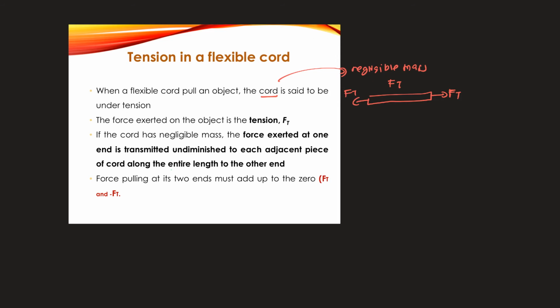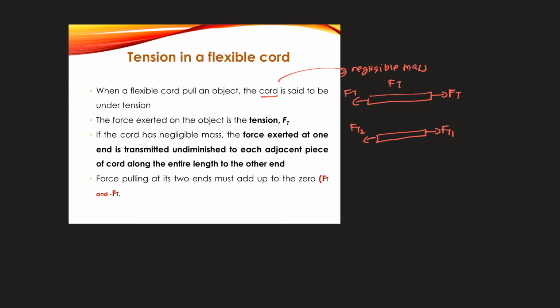If the question states the cord or rope has negligible mass, tensional force will be distributed equally. But if your rope or cord has a mass, tensional force Ft1 doesn't equal Ft2.